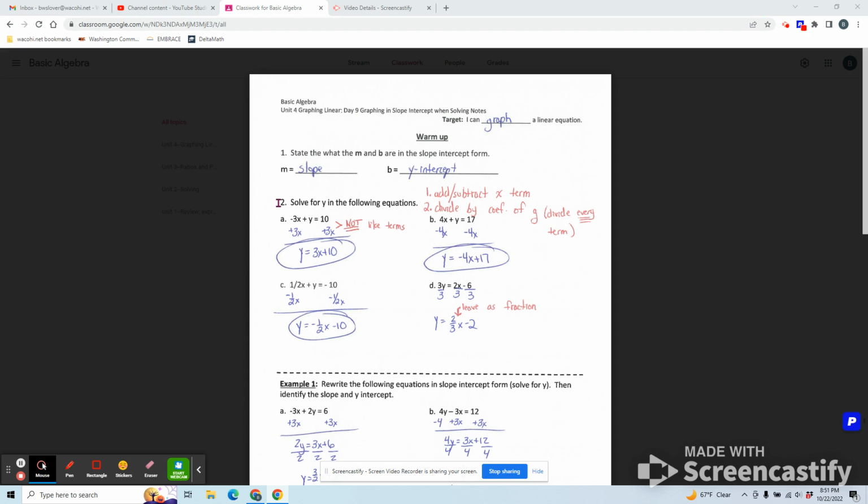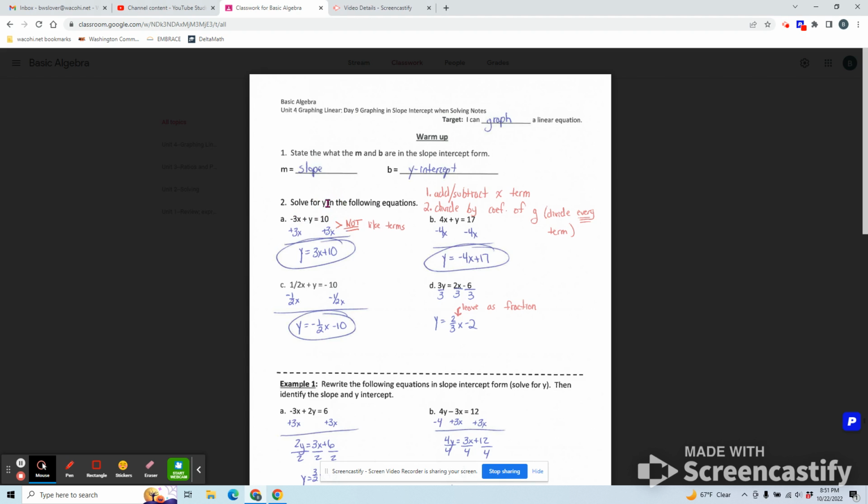Now number 2 in the warm-up is getting us ready for putting things in y equals mx plus b form. We did not spend a lot of time on literal equations, but that's what example 2 is, where you're solving for a specific variable. So for all of these, we are solving for y.